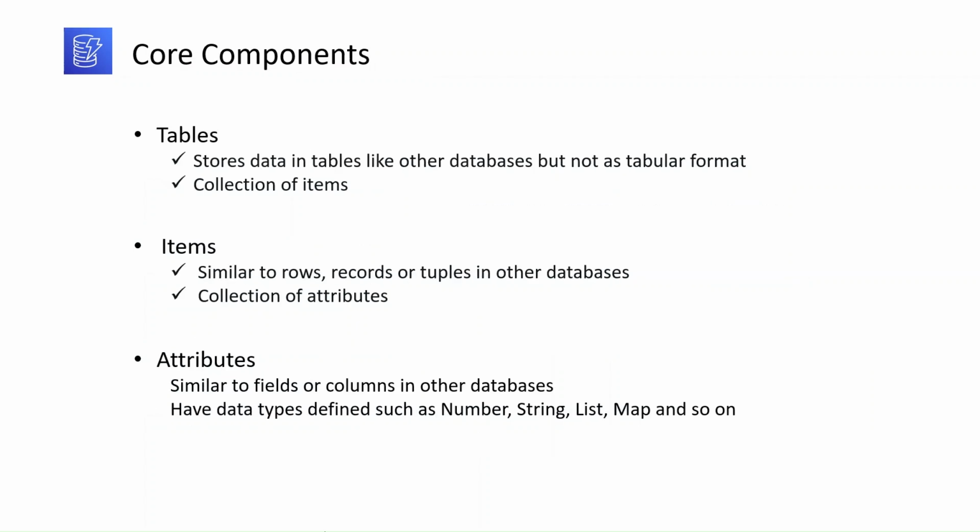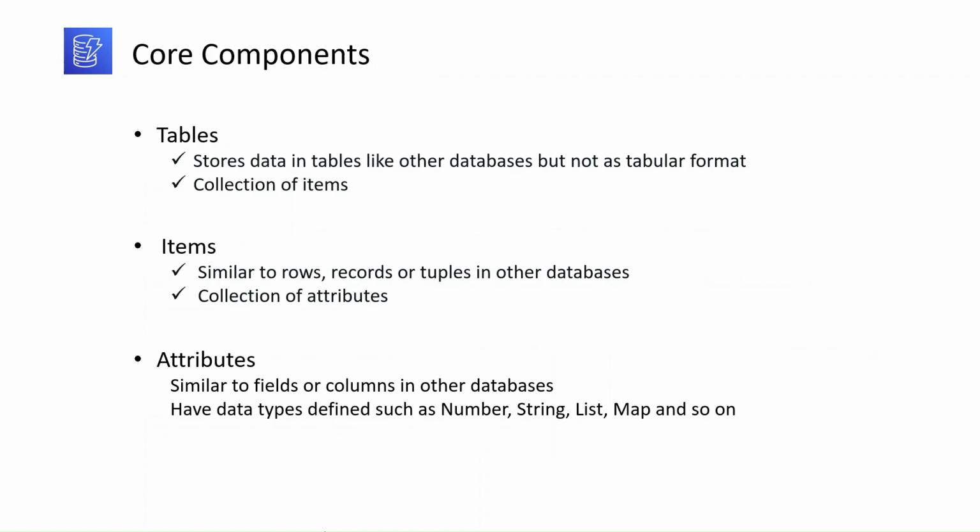Next, the core components of DynamoDB. Tables. DynamoDB stores data in tables similar to relational databases, but not in tabular format, but as key value pairs. A table is a collection of items. Next, let's see what's an item.